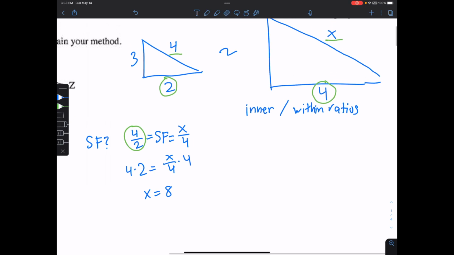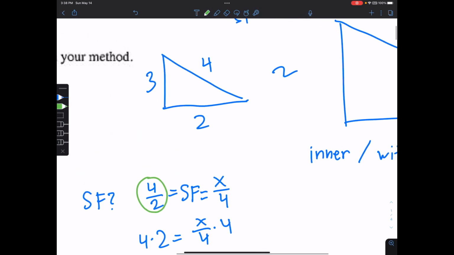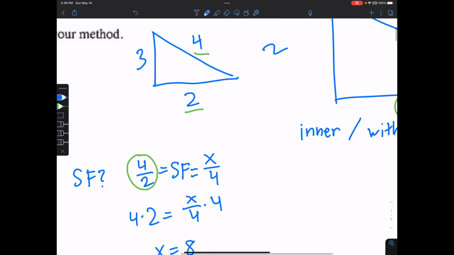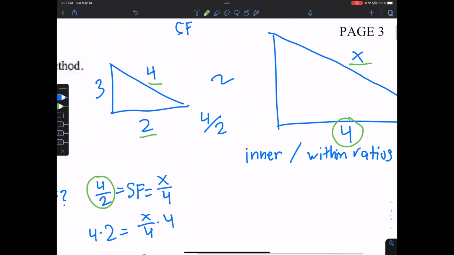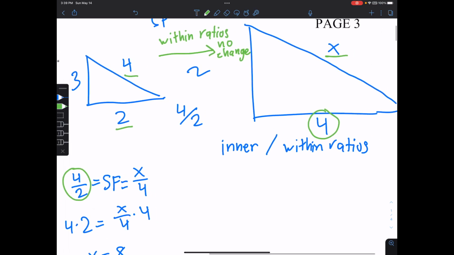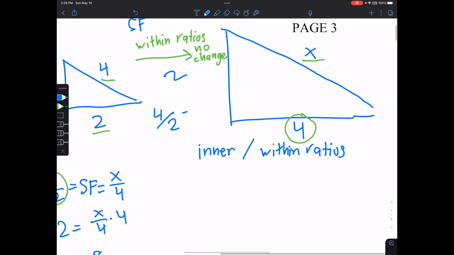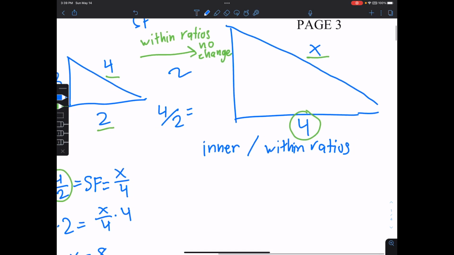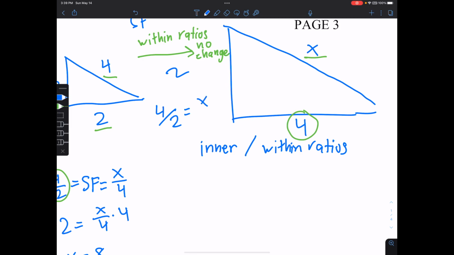If we look at one triangle, at the ratio between our hypotenuse and our shortest side, our 2, since when we dilate, the within ratios do not change, we know that it will be equal to the ratio of our longest side over here and our shortest side over here.